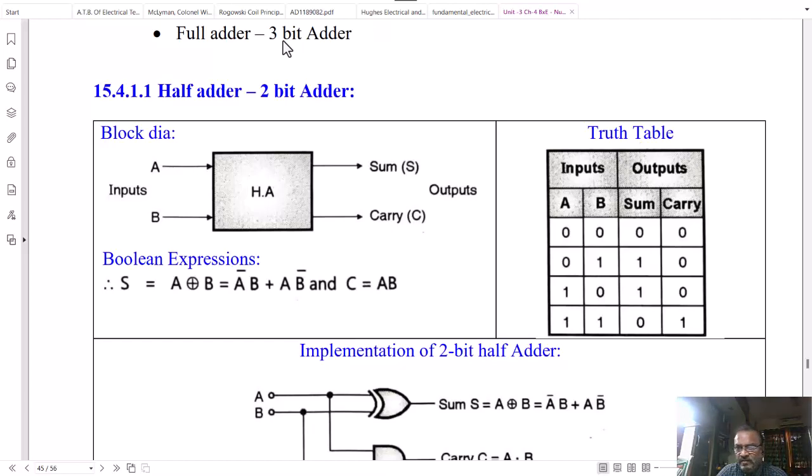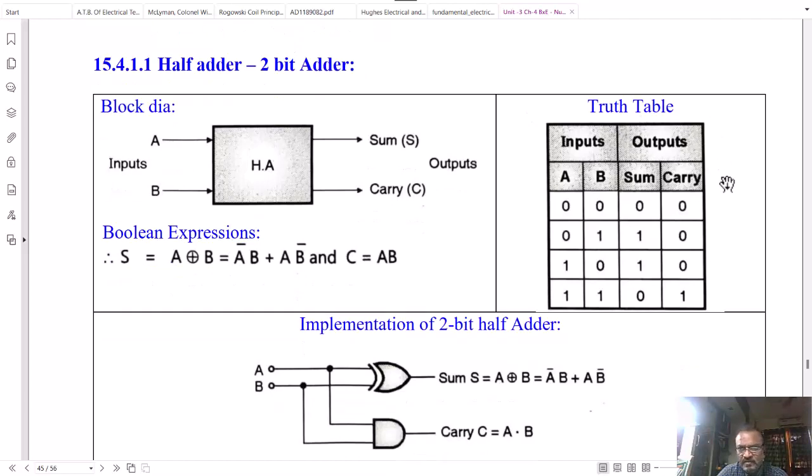By observing the truth table, we can write the logic expressions for the outputs sum and carry. We have already seen how to write the expression from the truth table. I will recall it for you. Let us consider the sum column. If you want to write the expression for the sum output, then in this column, for the first row and last row, the output sum is 0.